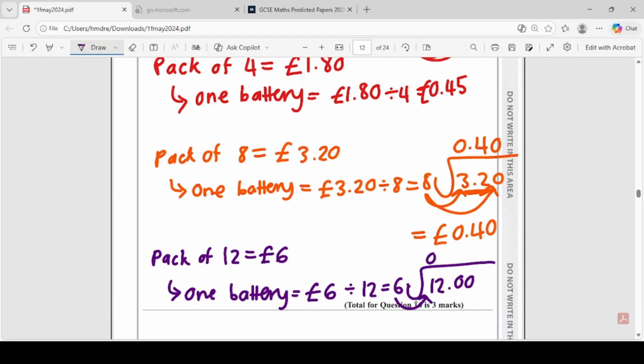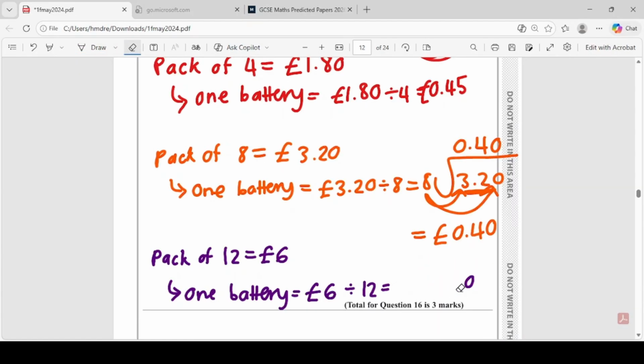It does not. How many times does 6 go into 12? It goes in there twice. No, sorry, I've done this one wrong. I've switched these around. Okay, it's not £12, it's £6.